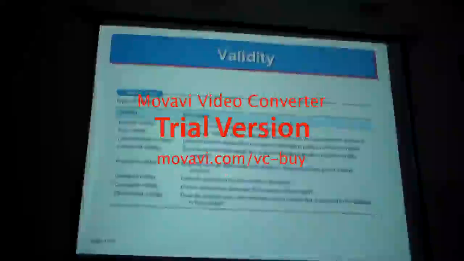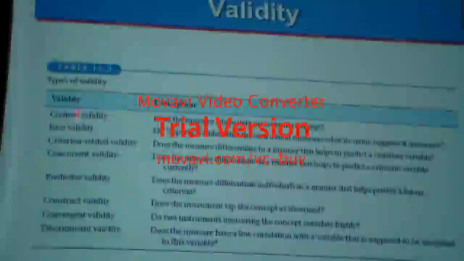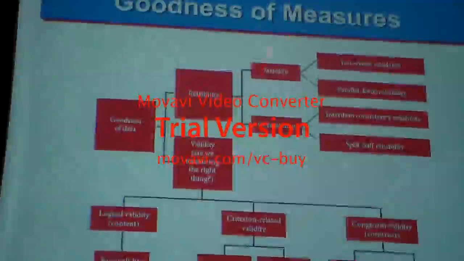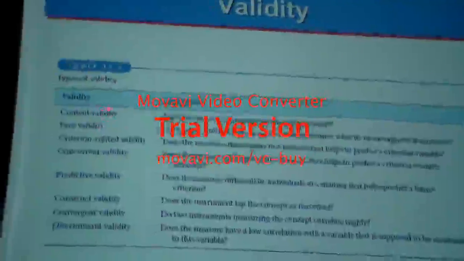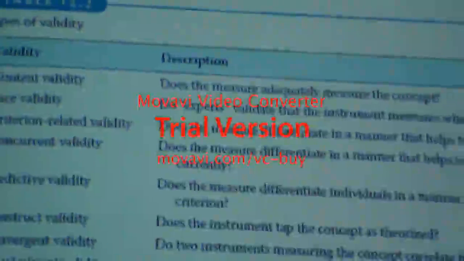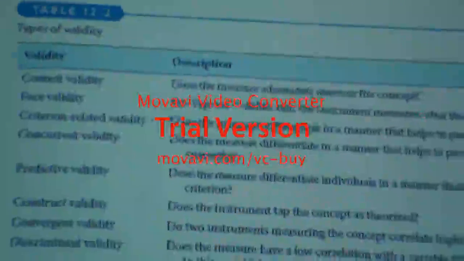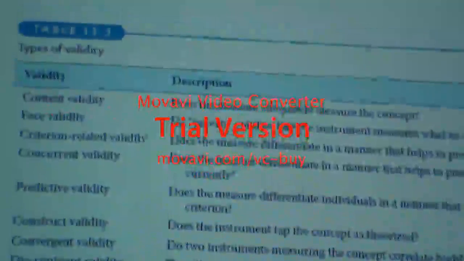Here in this table is the meaning of each validity measure. For example, content validity: does the measure adequately measure the concept? Adequately means enough. If it is enough to measure the concept, this is what we mean by content validity.